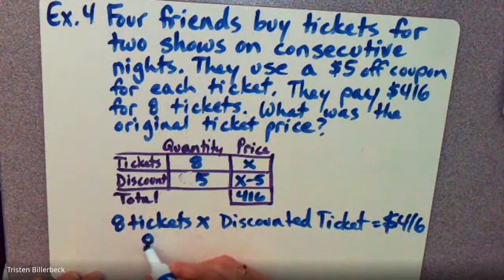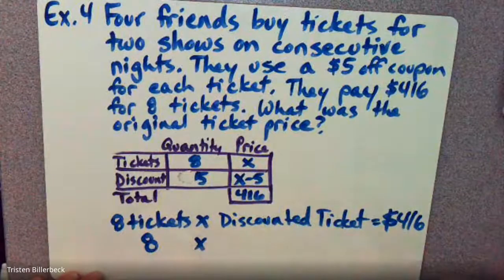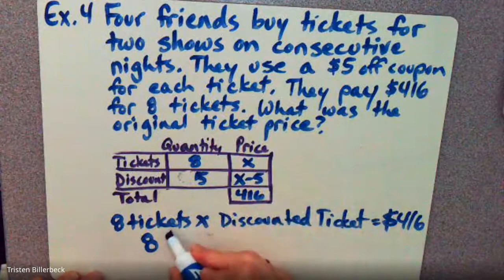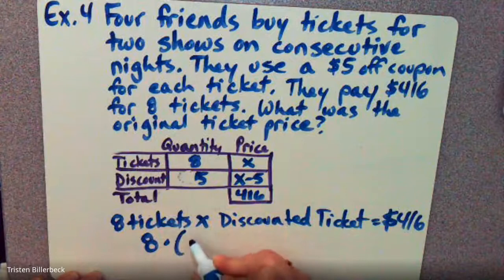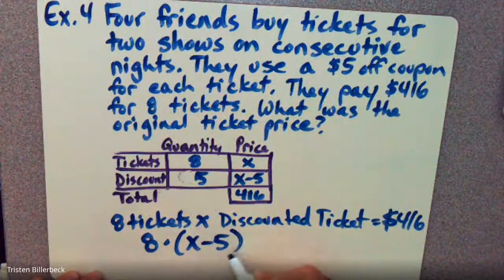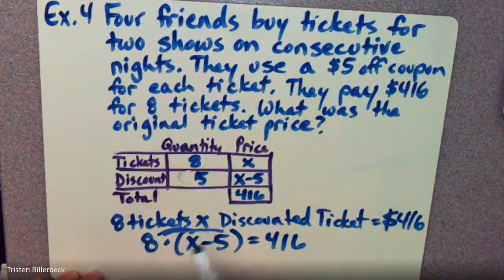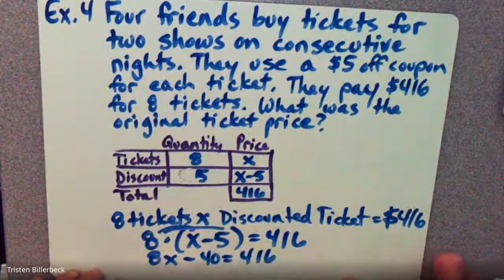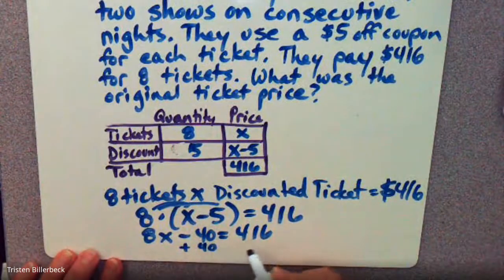So we have 8 times the discounted ticket. We shouldn't use times with an x because now we're using x for a variable. So let's use a dot for multiplication. 8 times x minus 5, and then that's going to equal 416. So when we distribute this, we get 8x minus 40 equals 416. Okay, so we're going to add 40 to both sides.